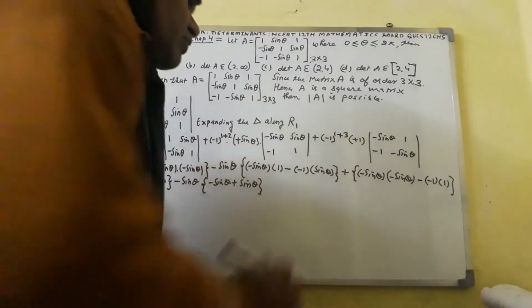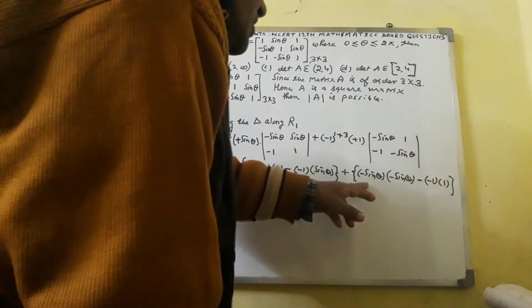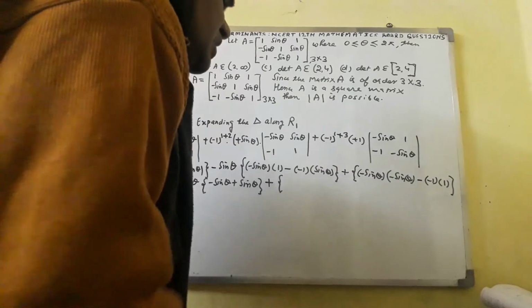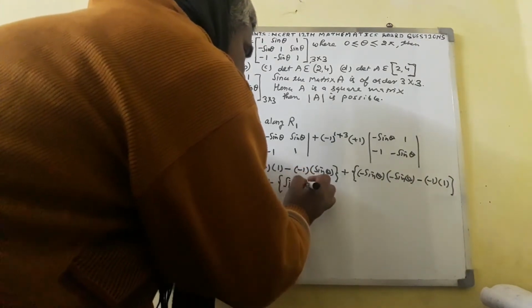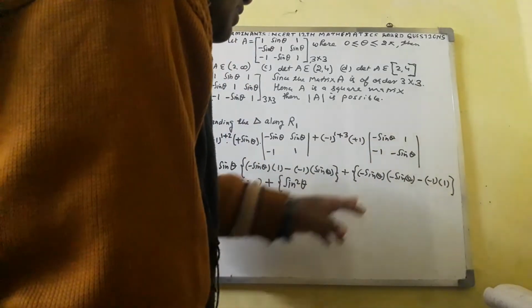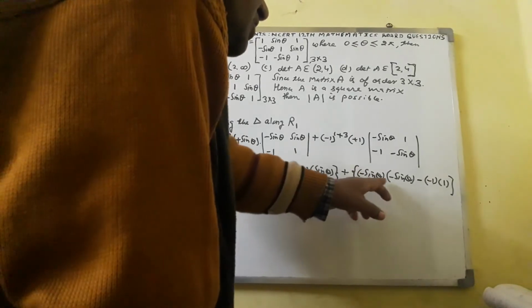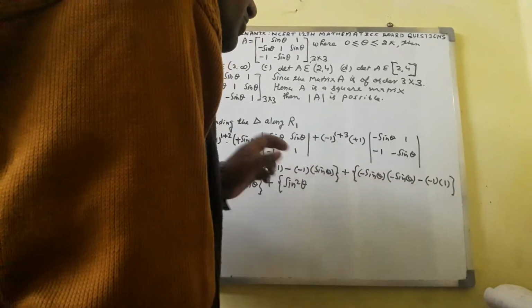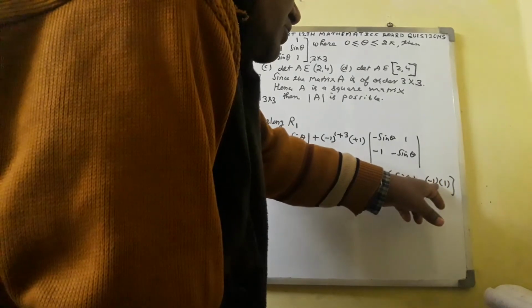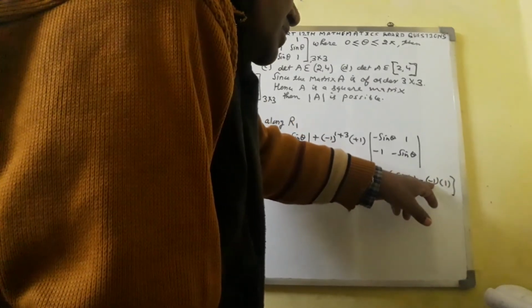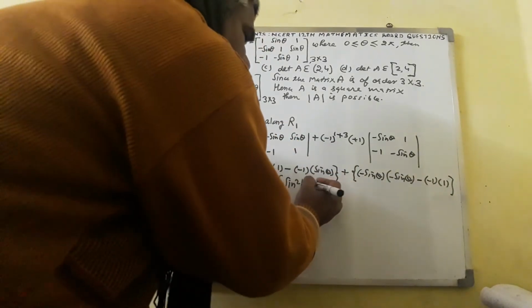And here also plus, open here curly bracket. Minus sin theta will multiply to minus sin theta. Here you will get sin square theta. Minus sin theta will multiply to minus sin theta, it comes to sin square theta. Here minus 1 will multiply to 1 comes out to here minus 1. Minus comes out here plus. So here we will get plus 1.